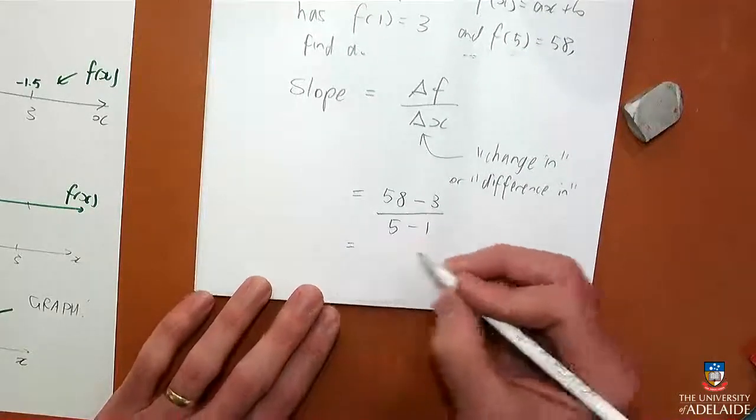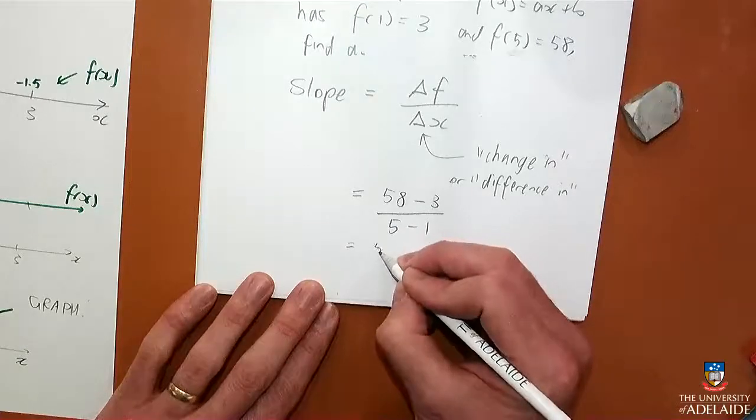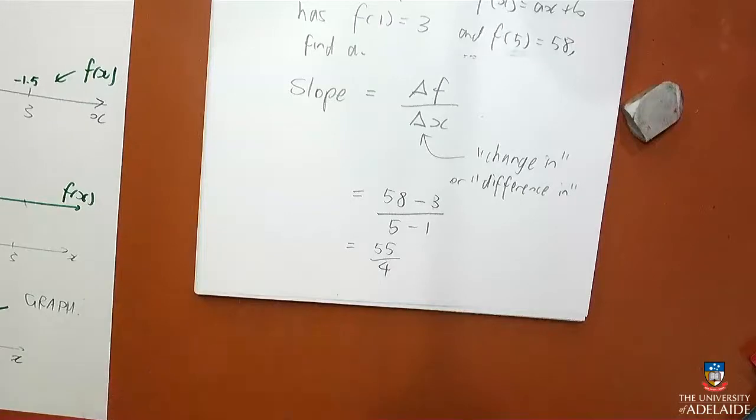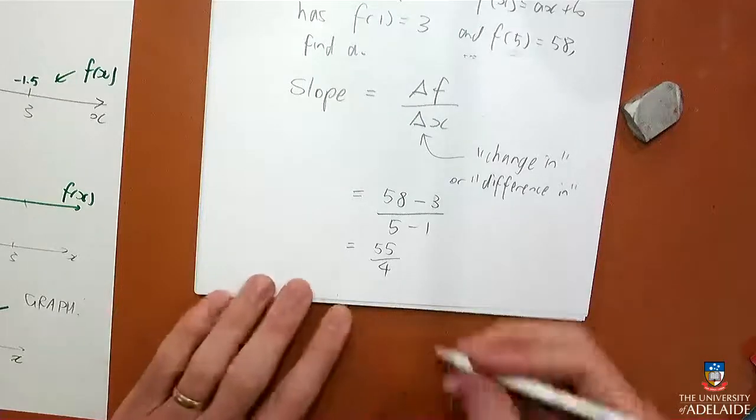And so we get 58 minus 3, which is 55, divided by 4. Now, as a mathematician, I would probably prefer to leave that as a fraction. Most of the rest of us would like to know about how big that is. I know that 52 divided by 4 is 13, so it's 13 3/4.